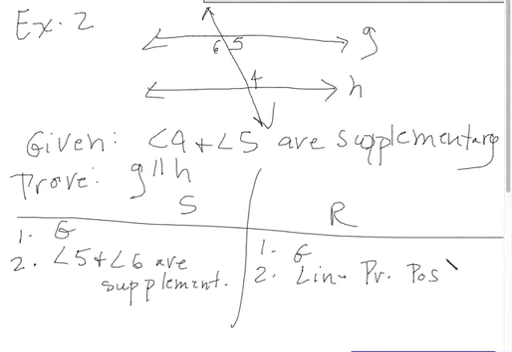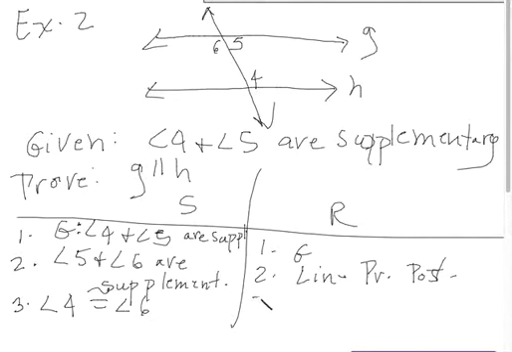My given was that angle 4 and angle 5 are supplementary, and now I just said that 5 and 6 are supplementary. So now I'm going to say that angle 4 is congruent to angle 6.